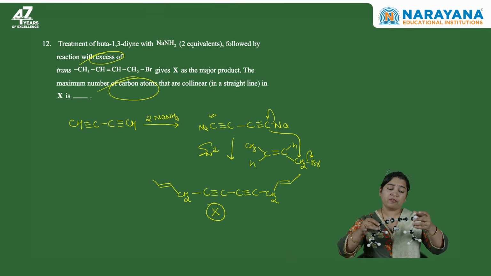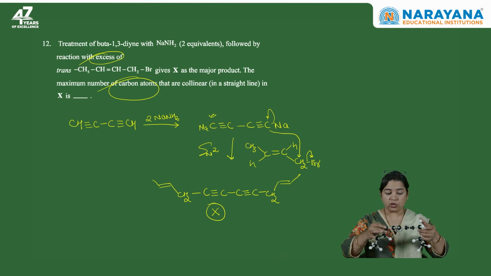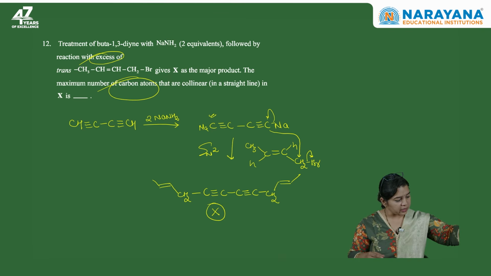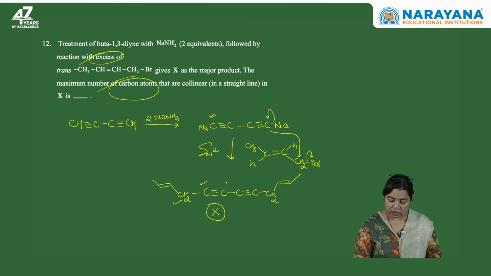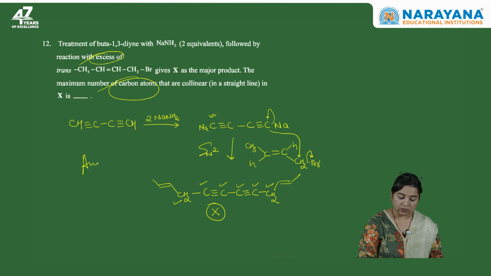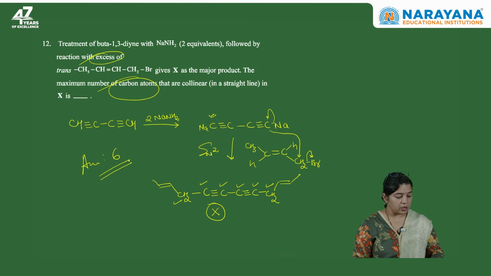Now let me add a further information that these 6 carbons being asked will continue to be our answer. Okay, if they would have asked in a single plane or anything, definitely there could have been many more, but on a straight line, 1, 2, 3, 4, 5 and 6. So the answer for this question is 6. Question number 12, answer is 6.